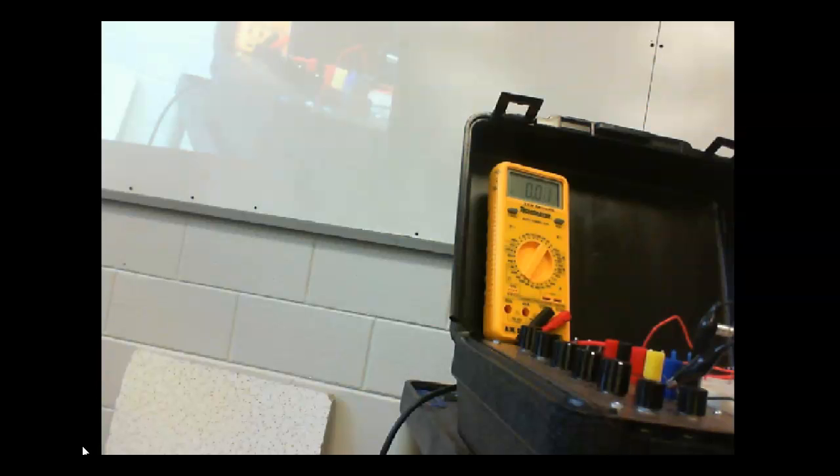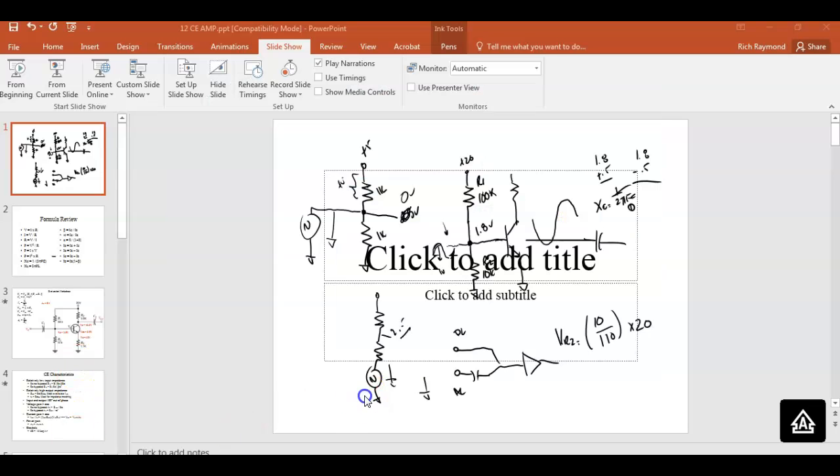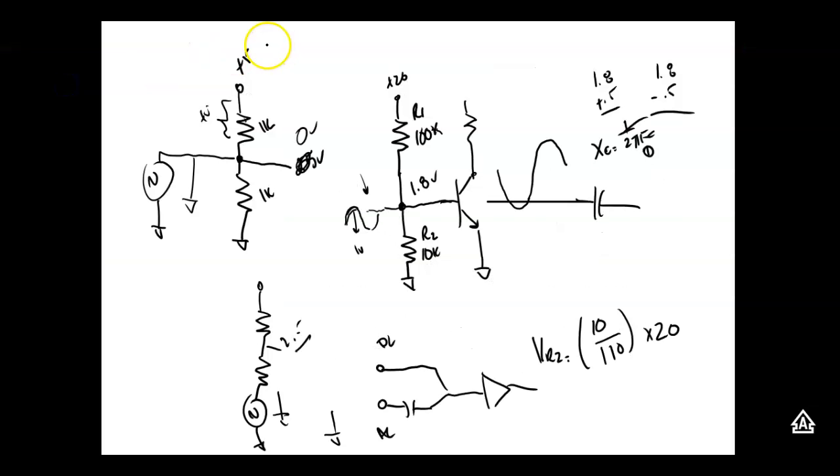So what we have the ability to do now is I can come over here on this amplifier, bring this into a capacitor, and then bring AC in over here. This AC is going to add when it goes positive to the base voltage, and when it goes negative, it's going to subtract.